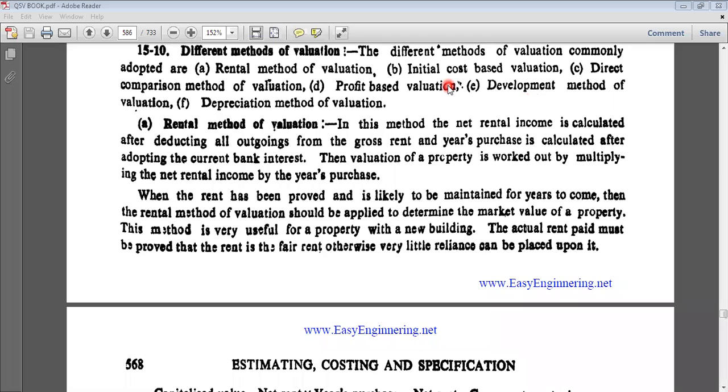This book which I am presenting right now is Quantity Estimation and Valuation by Chakraborty. I have the soft copy of this book, so I will share it with everyone. It will help you, because as far as section 2, that is valuation, is concerned, this book is very good for understanding as well as for studying.